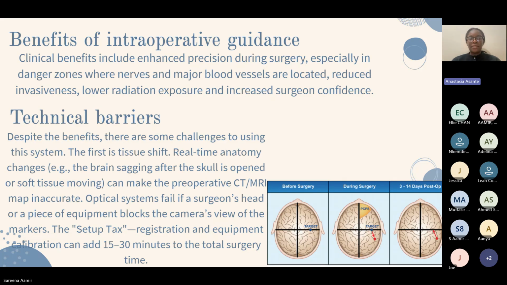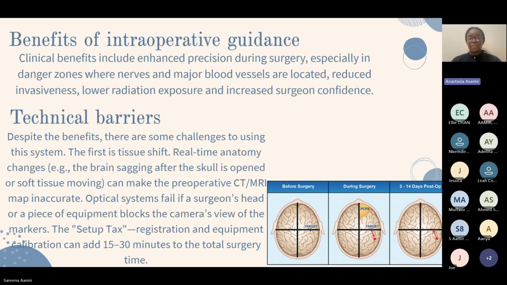Despite the benefits, there are also some challenges to this system. The first issue is tissue shift. Real-time changes during surgery, for example the brain sagging after the skull is open or soft tissue moving, can make the preoperative CT or MRI map inaccurate. We also have line-of-sight issues with optical systems, if a surgeon's head or a piece of equipment blocks the camera view of the markers.